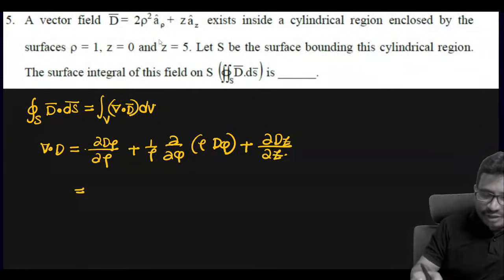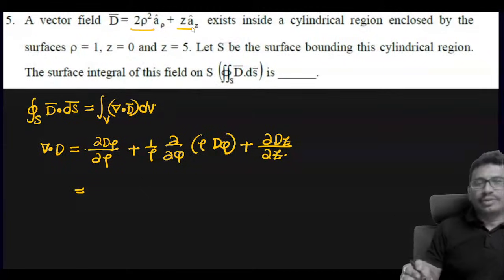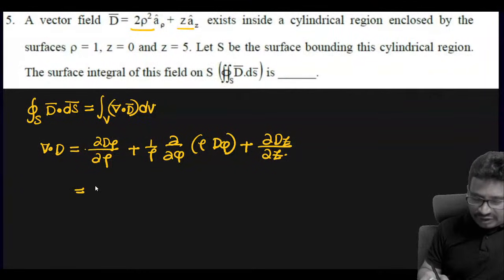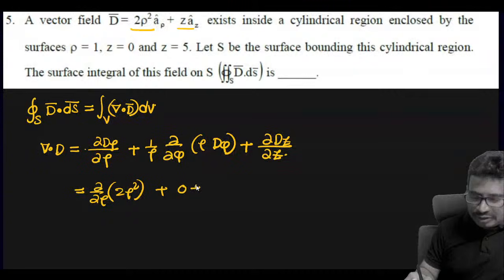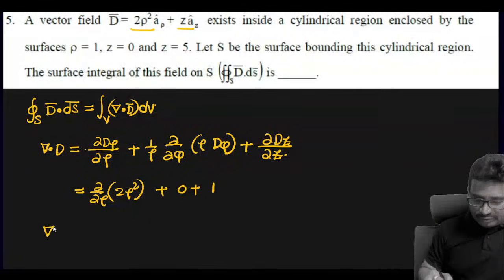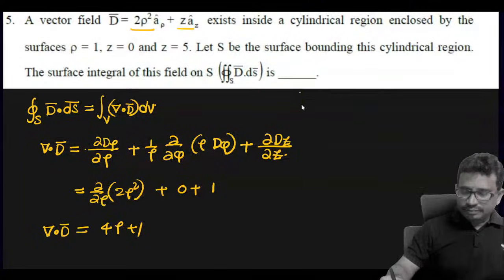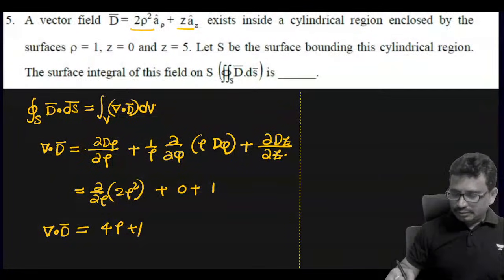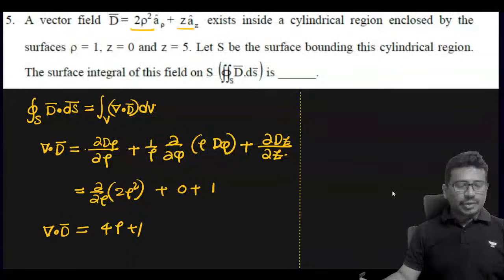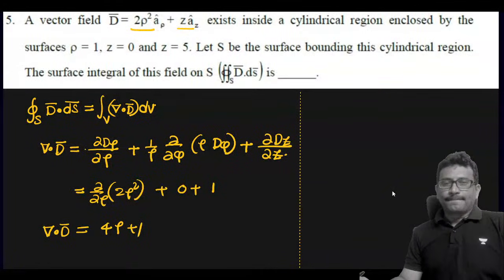Here we have only d rho and dz, no phi term. So differentiate dou by dou rho of 2 rho square, plus 0, plus dz, which is 1. Del dot d will come to be 4 rho plus 1.